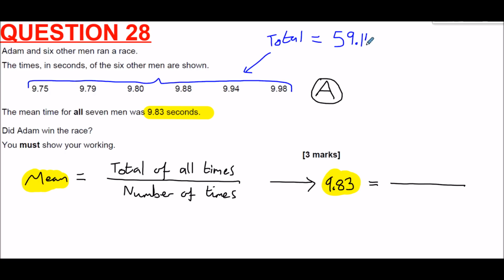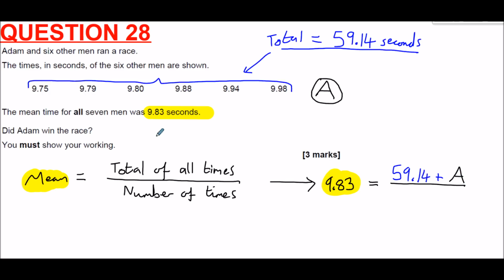That's 59.14 seconds. But of course, there's also Adam as well. So the total of all times would be 59.14 plus whatever Adam's time is.